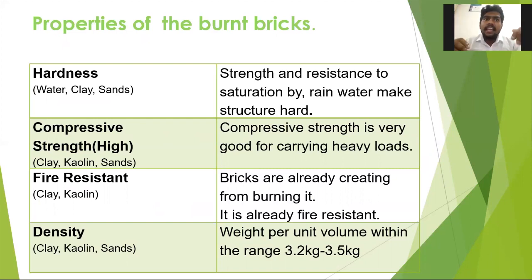Its strength and resistance to saturation by rainwater make the structure hard. Likewise, there are other properties like compression strength, which is provided by sands, kaolin, and clay, and fire resistance. Move on to the next slide.